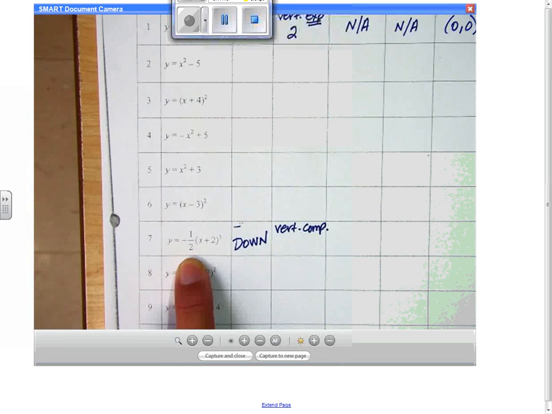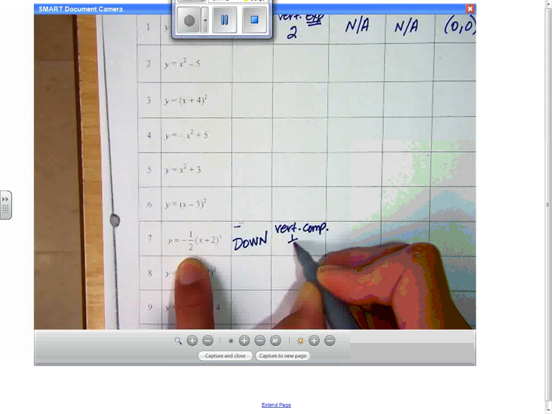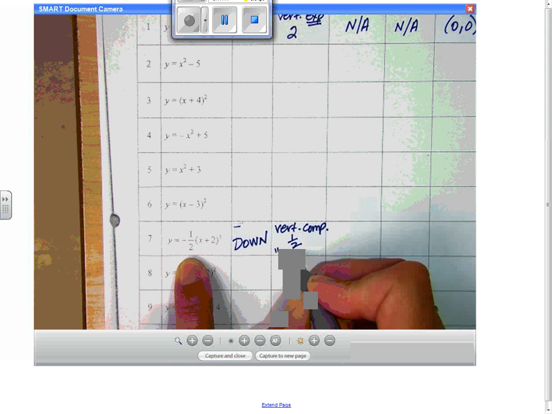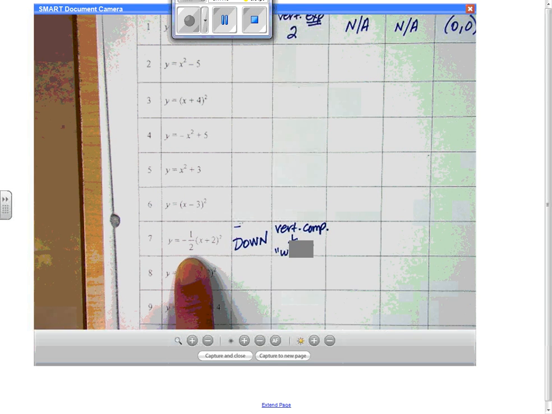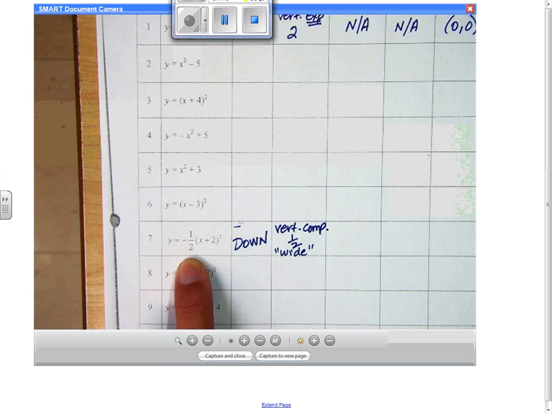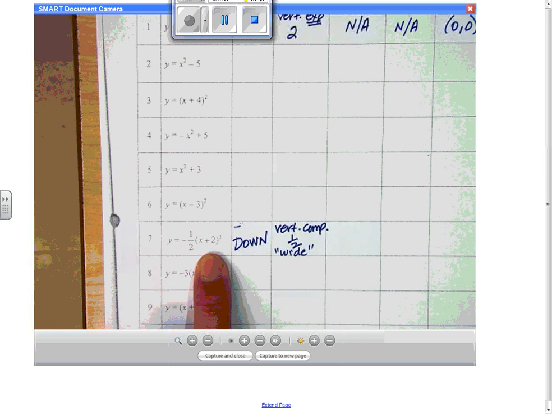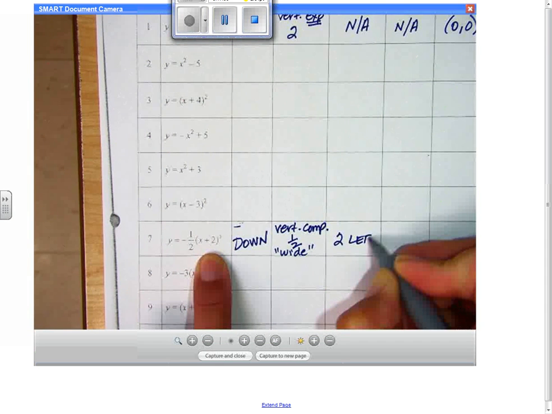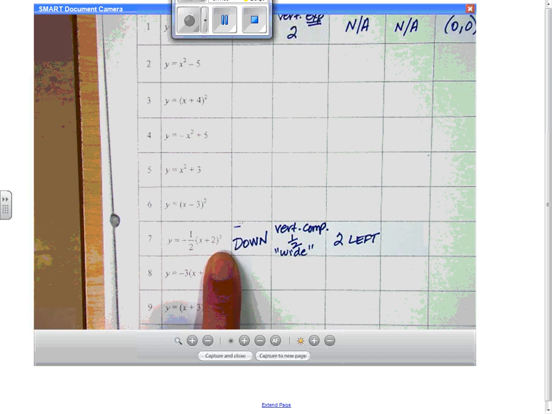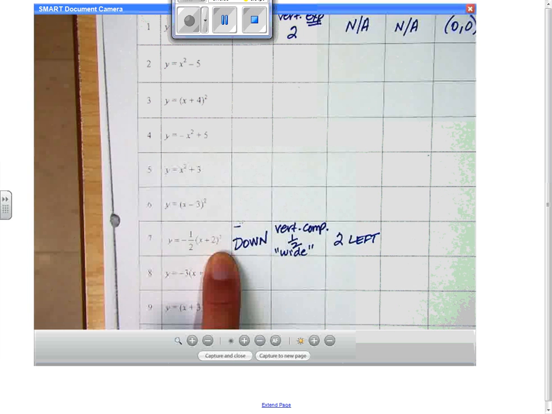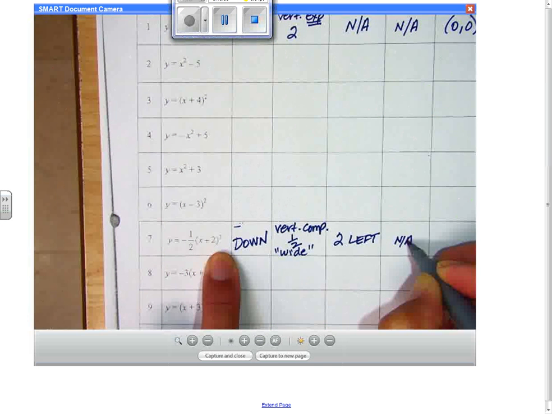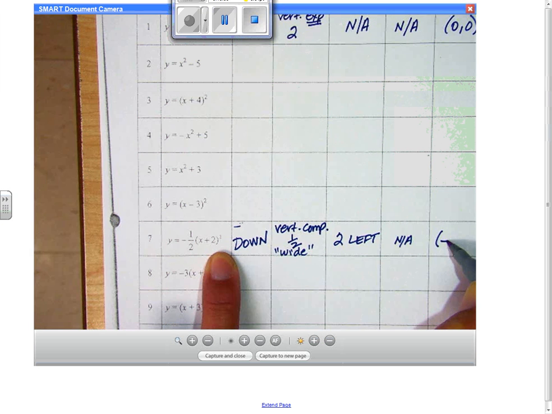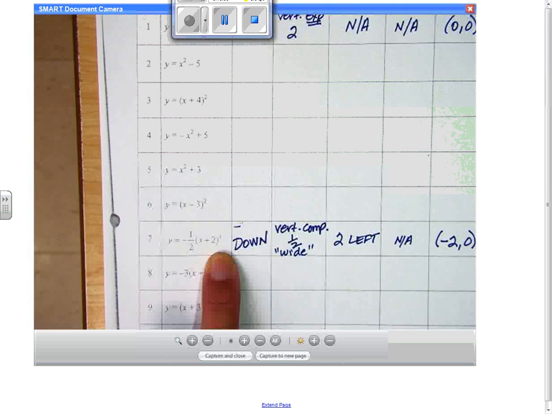Vertical compression, factor 1/2. It will be wide looking. There is a horizontal translation. It's in brackets. My horizontal translation is 2 to the left. There are no add-ons at the end or vertical translations up or down. My vertex, therefore, is 2 to the left and no changes vertically. My vertex is minus 2, 0.